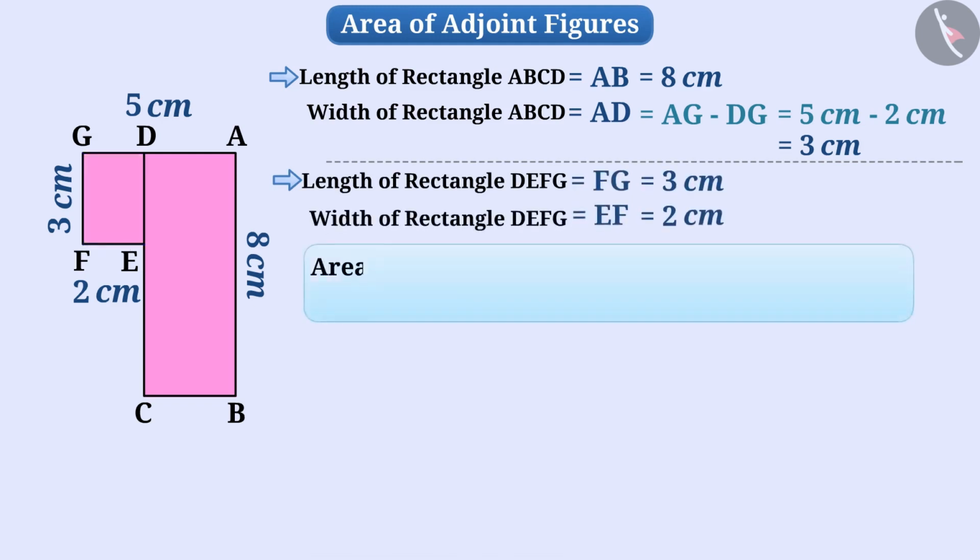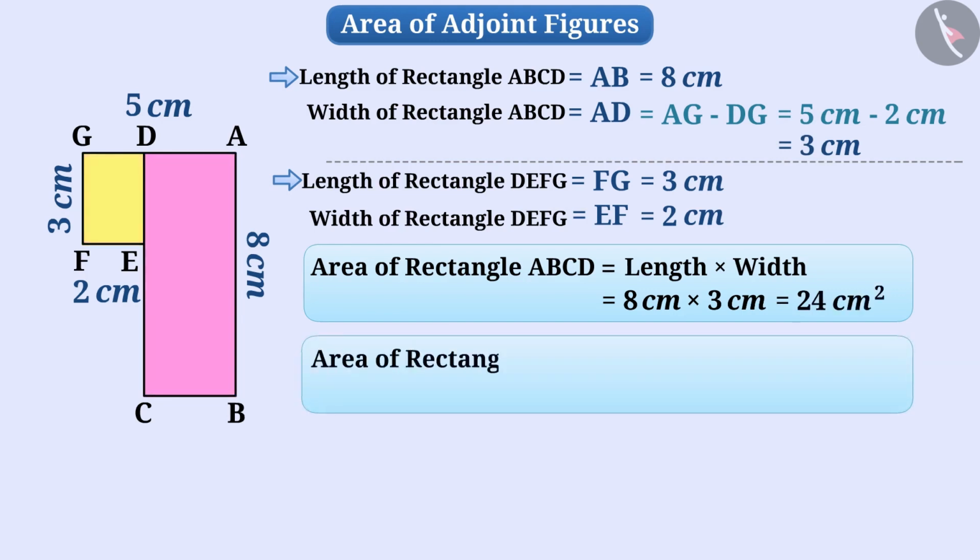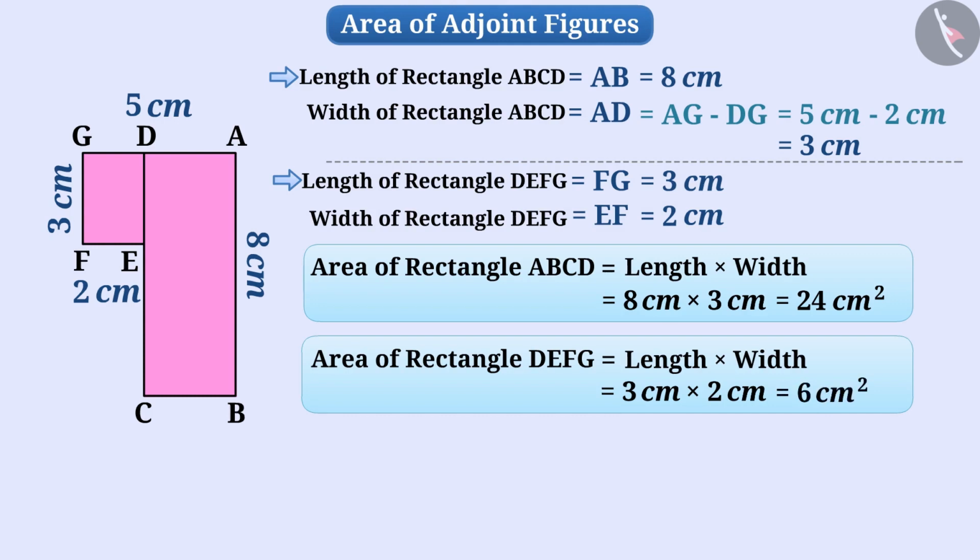In this way, the area of rectangle ABCD will be length multiplied by width, which is equal to 8 cm multiplied by 3 cm, which is equal to 24 square centimeter. And the area of the rectangle DEFG will be length multiplied by width, which is equal to 3 cm multiplied by 2 cm, which is equal to 6 square centimeter.